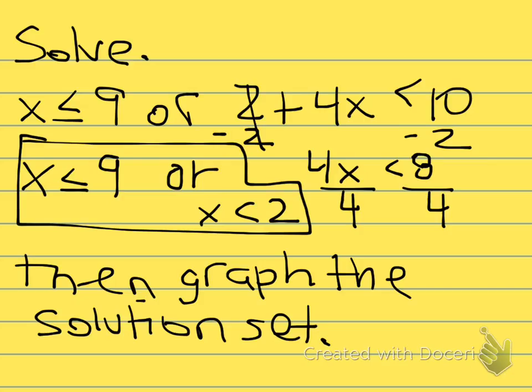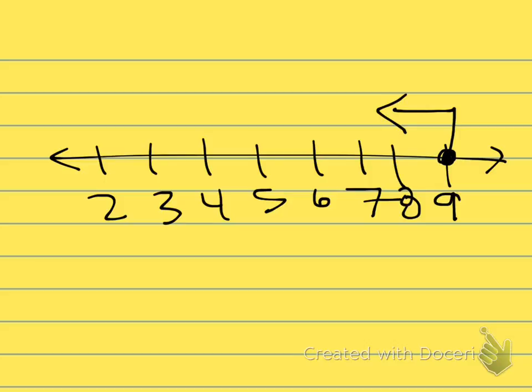And a closed circle at 2, which is also less than. So you will see that sometimes the lines will go the same direction when it comes to or, but they would never intersect. They would meet with each other eventually, but then they would never intersect like the ands.